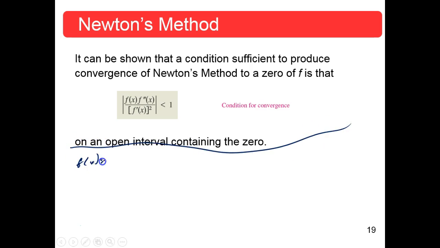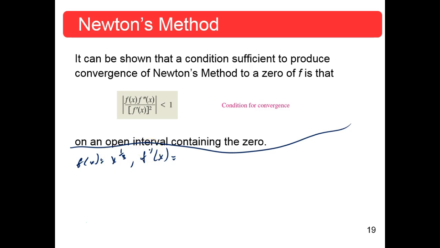F of x is equal to x to the 1/3. And then what do we do next? What else do we need here? F of x is x to the 1/3.